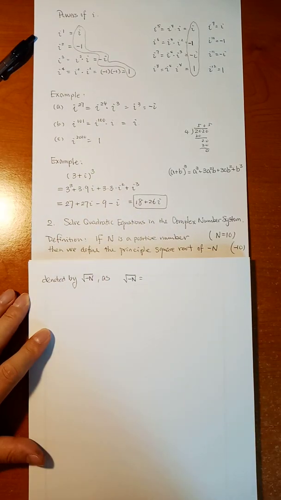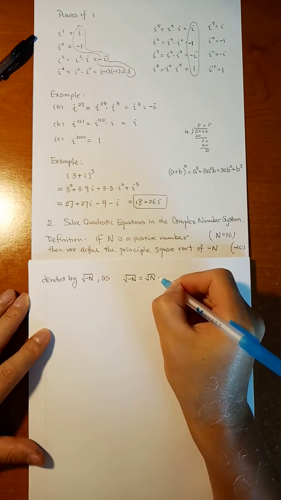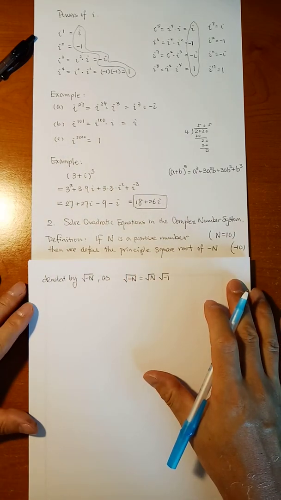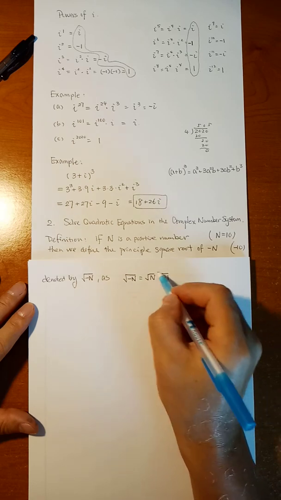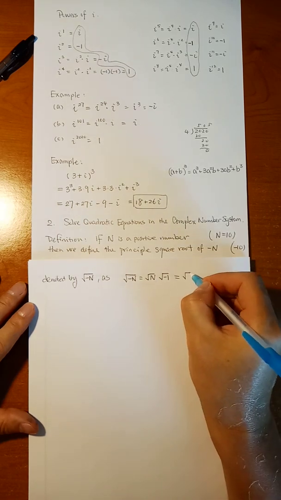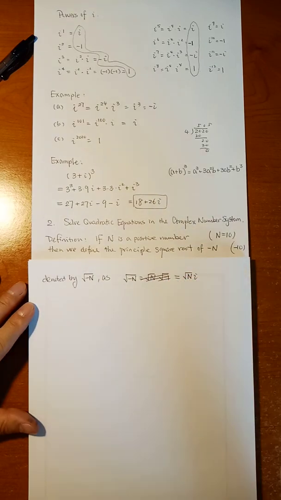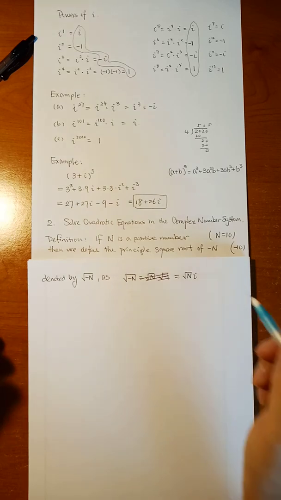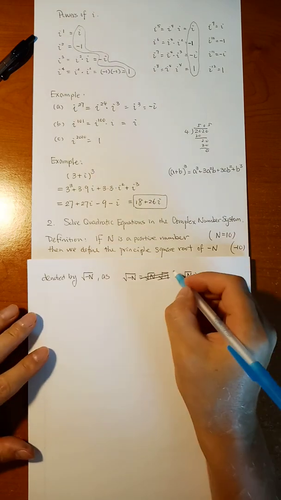You see, we separate them. It looks like square root of n times square root of negative 1. We separate them, but it's not that way. We just understand it this way, but we define the square root of negative n as square root of n times i.